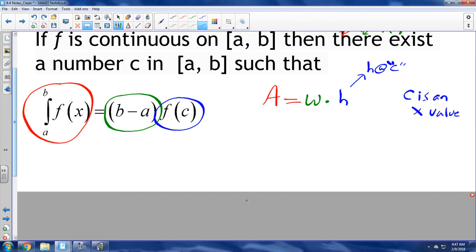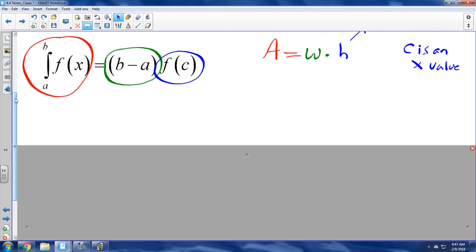So there's actually an x value that makes the average height happen. That's all they're saying. So I would take this and rearrange it into what we're used to understanding. I would take area divided by width is equal to height.